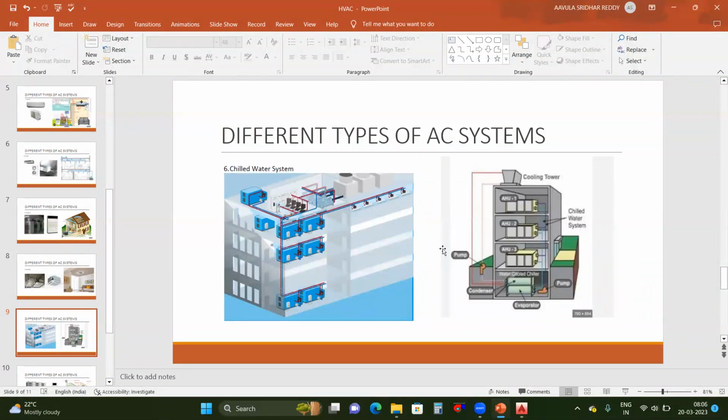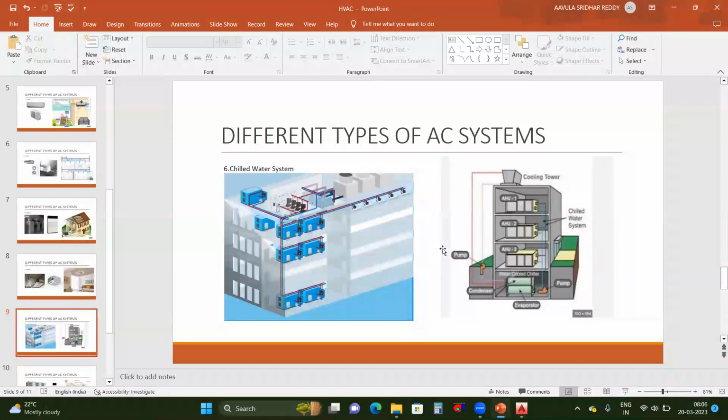Till now we have seen the copper piping and the refrigerant medium going from outdoor to indoor. Here the medium will be water, not gas. The chilled water will be sent to every unit using the chilled water system, so that we can give it to multiple units.